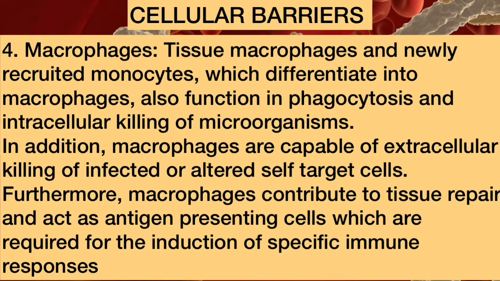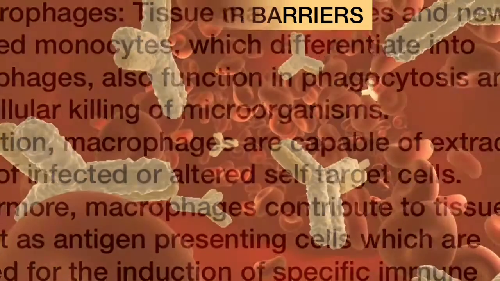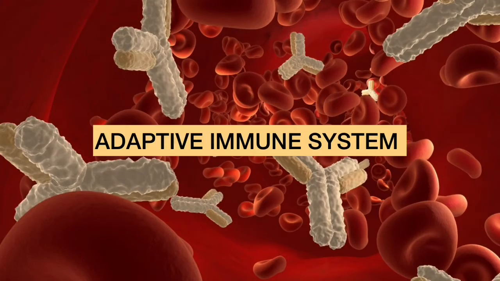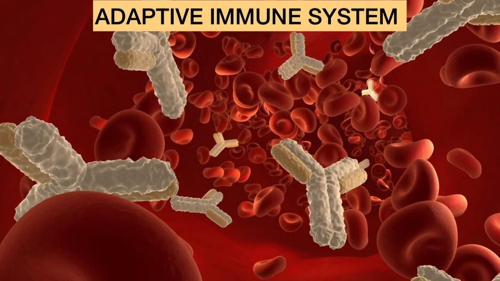Furthermore, macrophages contribute to tissue repair and act as antigen-presenting cells, which are required for the induction of specific immune responses. Despite the multiple layers of the innate immune system, some pathogens may evade the innate defense.